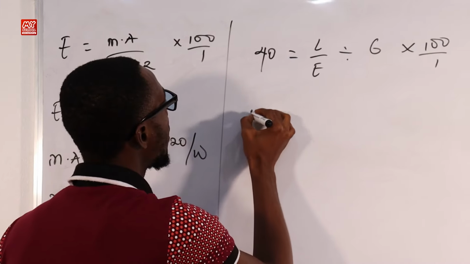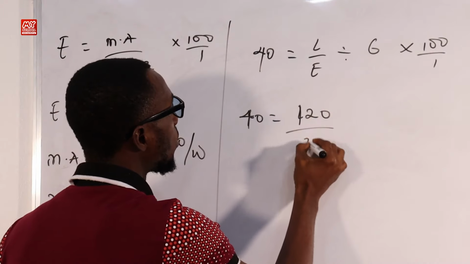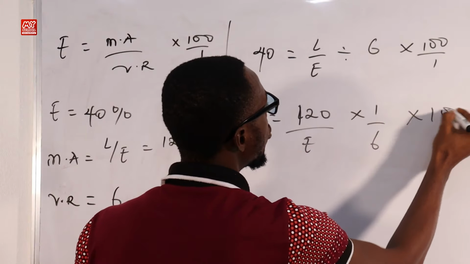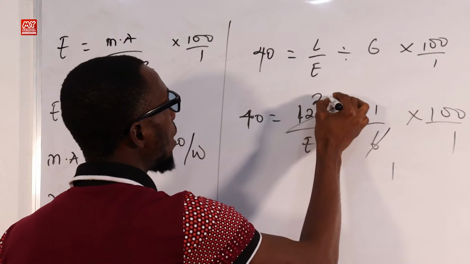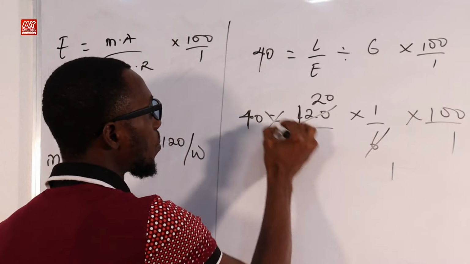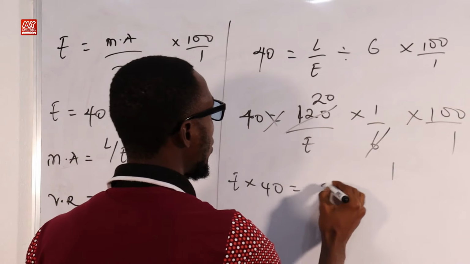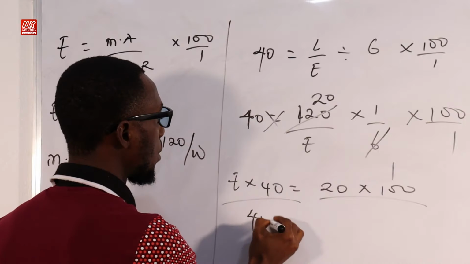So we have 40 equals 120 times 1 over W, over 6, times 100 over 1. We have 6 here, 6 here, 20. When we cross multiply, we have W times 40 equals 20 times 100. Dividing both sides by 40.